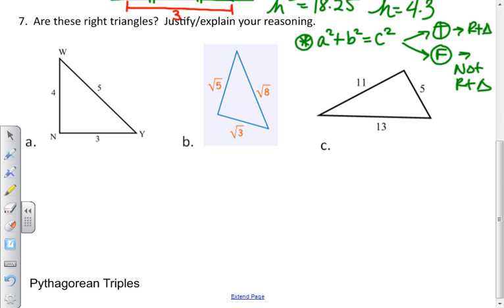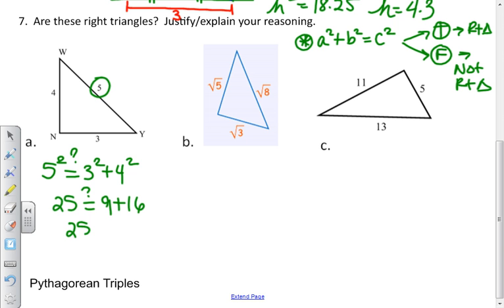The trick is knowing the longest side. So in this case, clearly 5 is the longest side. So is 5 squared equal to 3 squared plus 4 squared? 25, is that equal to 9 plus 16? 25 equals 25. So this means yes, this is a right triangle because it satisfies the Pythagorean theorem.